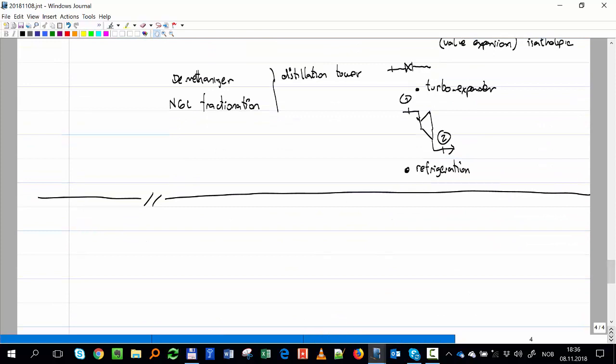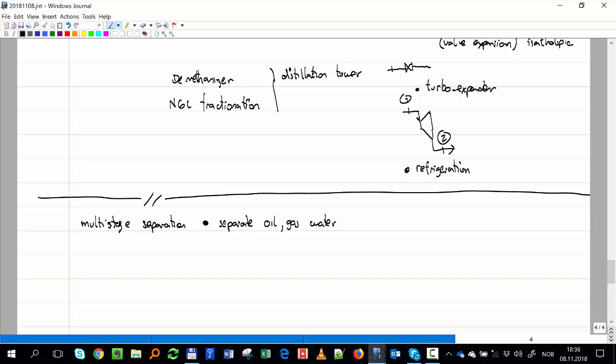Okay, so let's go now to the main core, the heart of this process, which is multistage separation. The main objective is simply to separate oil, gas, and water.